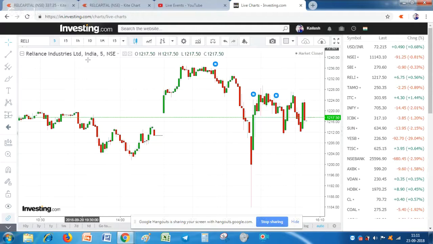Hi friends, good morning. Friends, are you able to see the screen? Is the screen visible to all? If you could see the screen, please reply in one of the WhatsApp groups or anywhere you can contact.